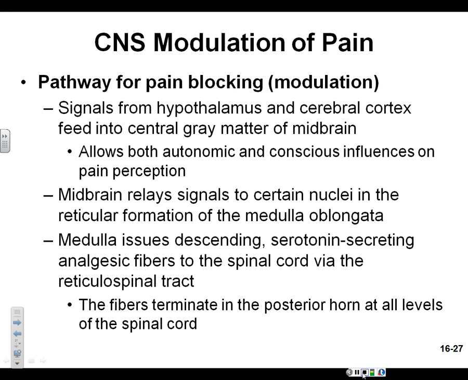The midbrain carries the signal to certain nuclei within the medulla oblongata and the reticular formation center. From there, it can descend. You're going to see the release of serotonin. Your analgesic fibers are going to go by way of the reticulospinal tract. There, the fibers are going to terminate in the posterior horn of the spinal cord at all different levels.